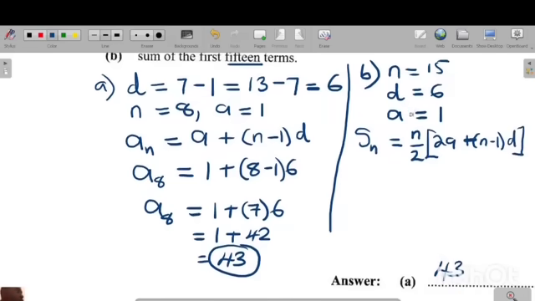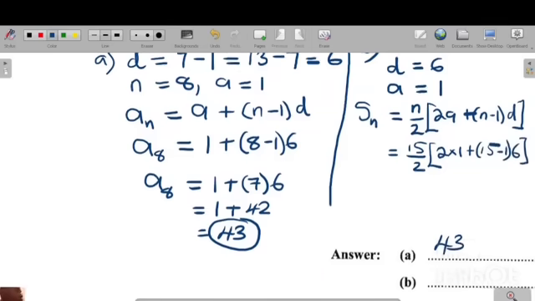So now we already have the data here, so we just need to replace. So n is 15, so we have 15 over 2. Then 2 times a, a is 1, plus n minus 1, so 15 minus 1, times the common difference, which is 6.